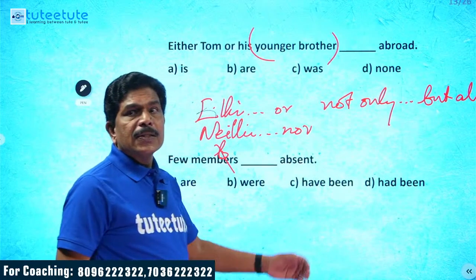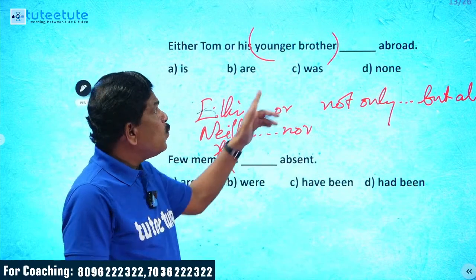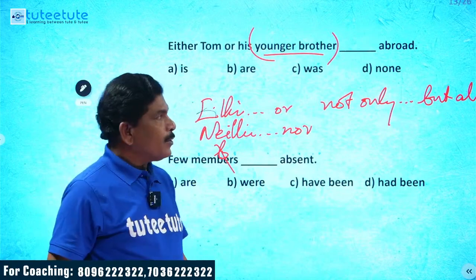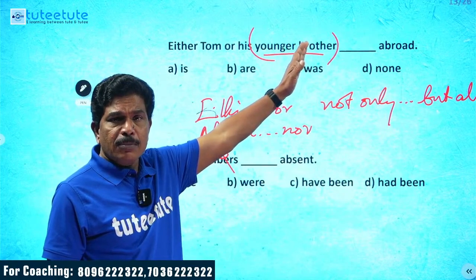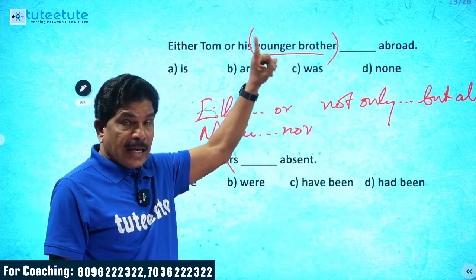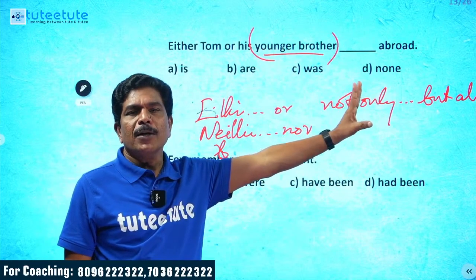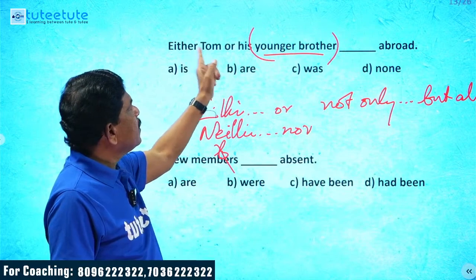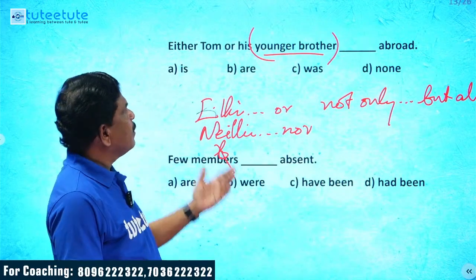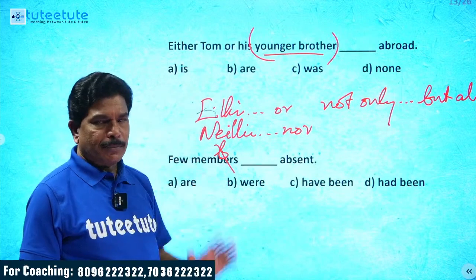While using these structural conjunctions, always take the second subject. If the second subject happens to be singular, it must be followed by a singular verb. If the second happens to be plural, it must be followed by a plural verb. Here, either Tom or his younger brother. Younger brother is visibly singular, therefore is abroad.